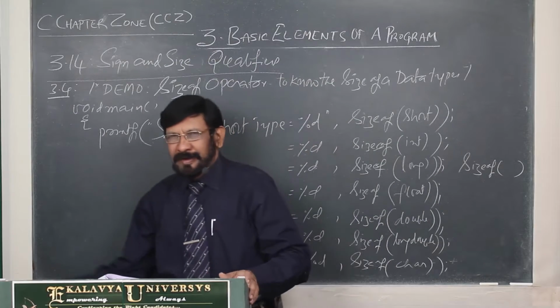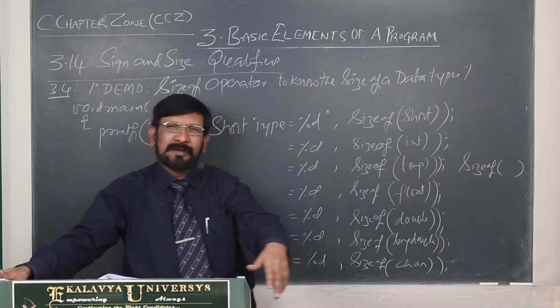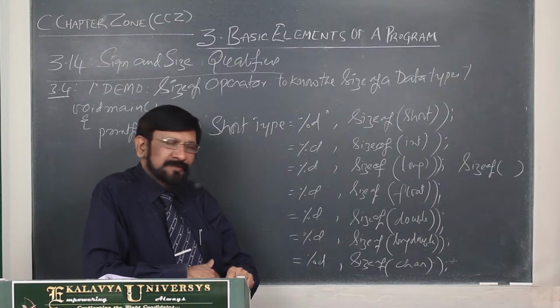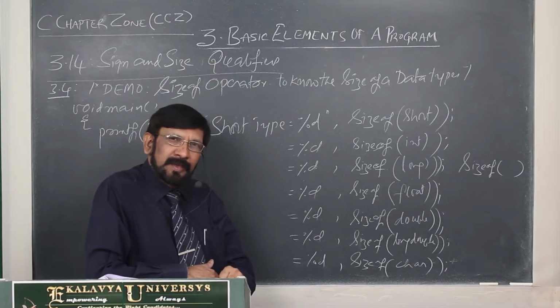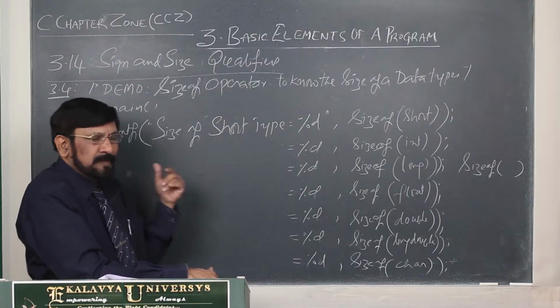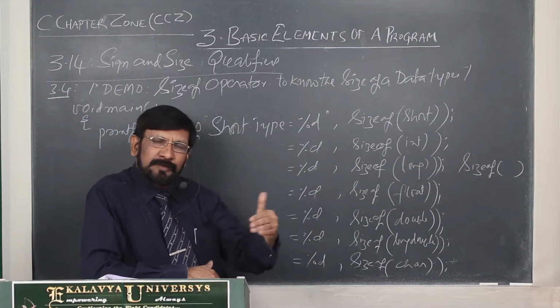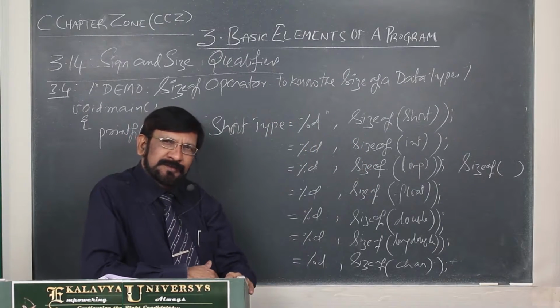Actually, you have to logically think why it looks like a function, why they didn't make it an operator without making it a function. There is a reason behind it. If you have to use clrscr, you have to include conio.h. If you have to use printf or scanf, you include stdio.h.